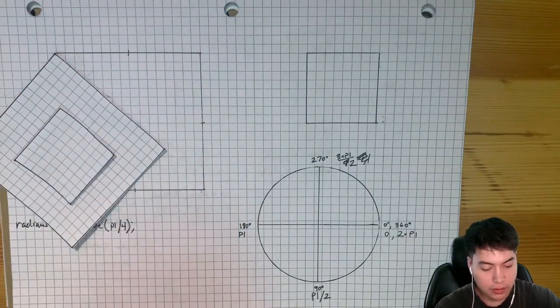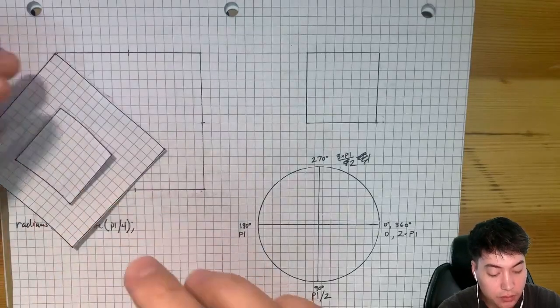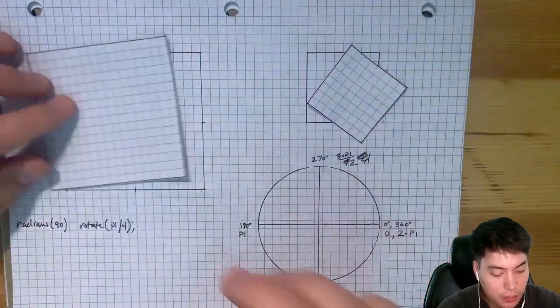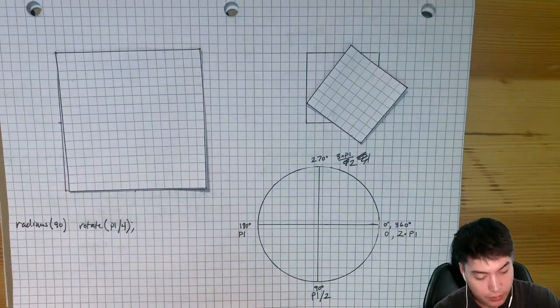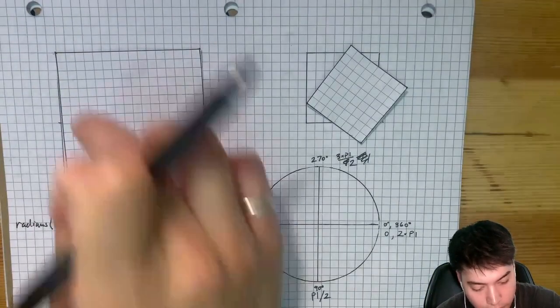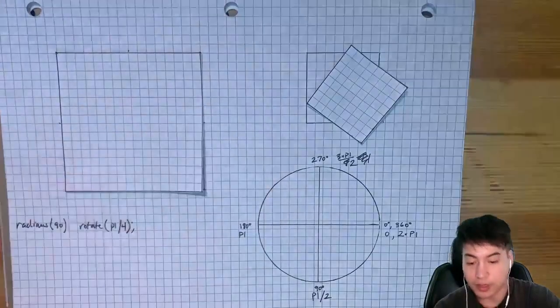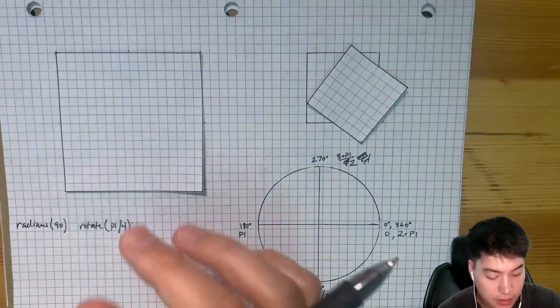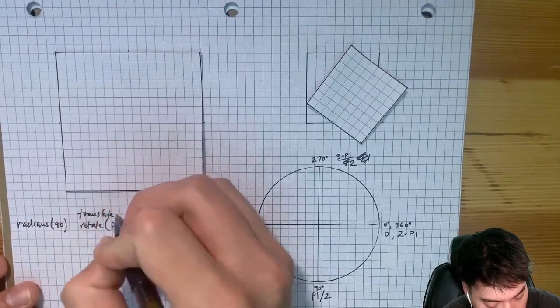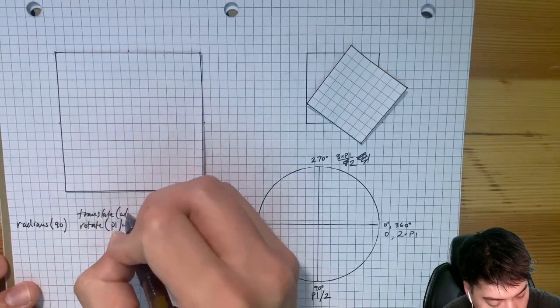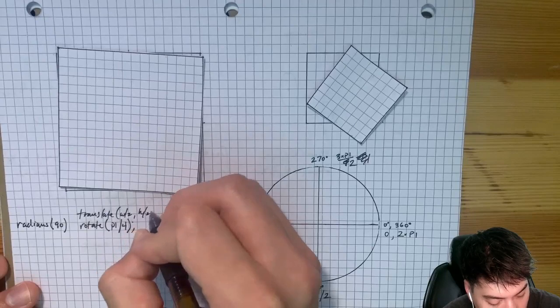And so in order to get around that, we need to use the translate function, which is also going to act on the entire coordinate grid, right? So if I move my entire coordinate grid to the place that I want my shape to be, in this case in the center, I might say translate width divided by 2, height divided by 2, right?